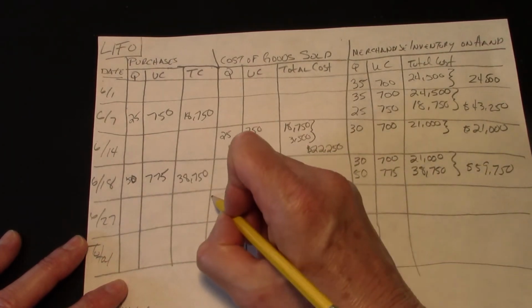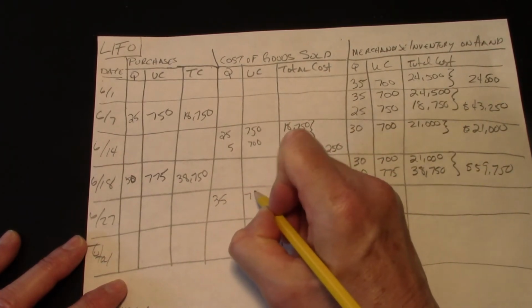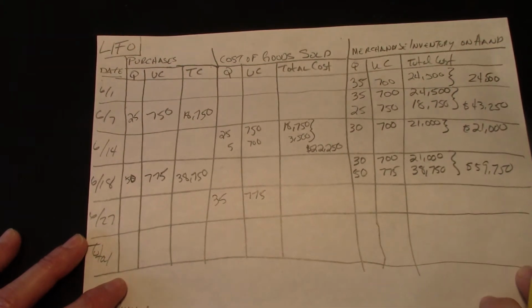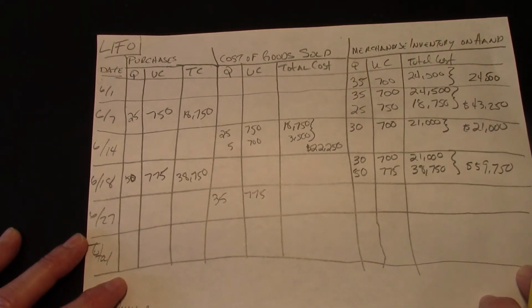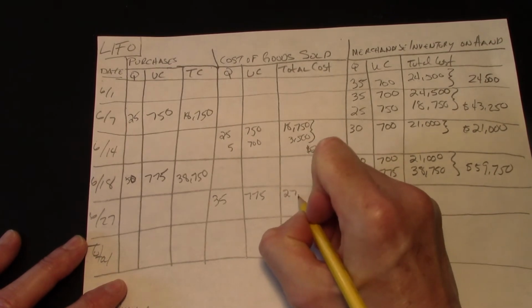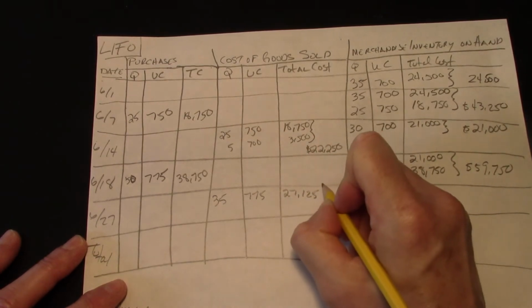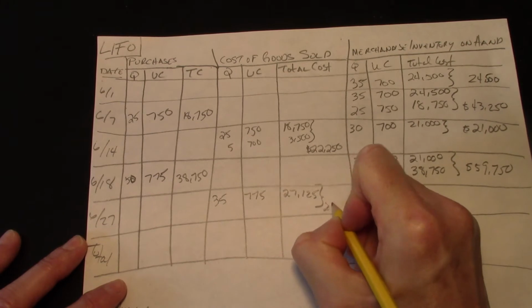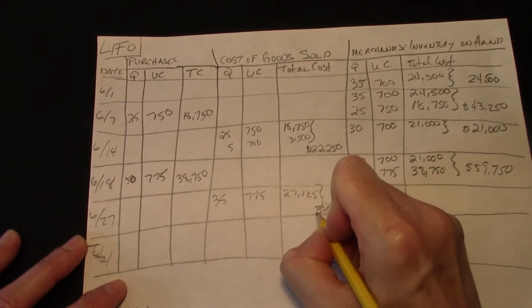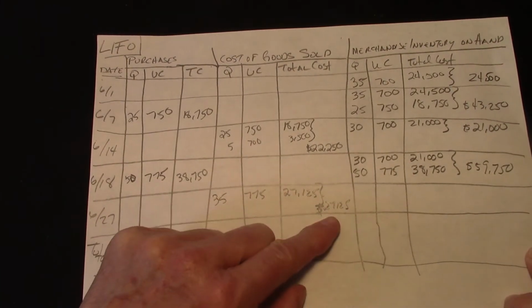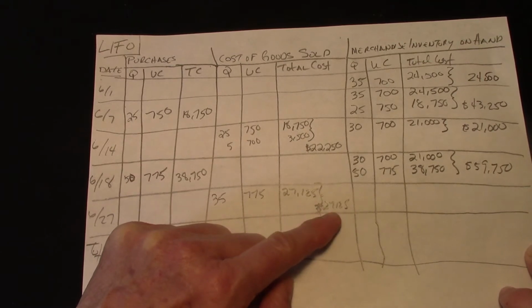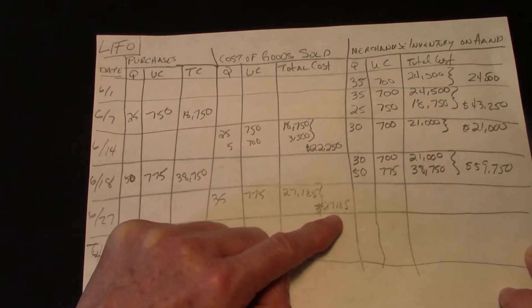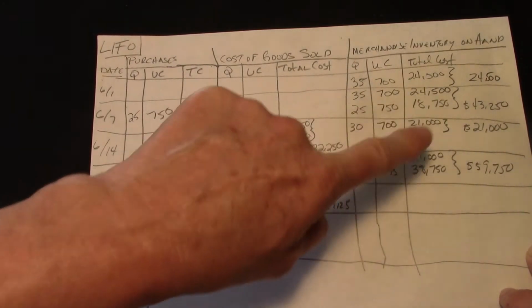We're going to sell 35 of the 775 ones. So 35 times 775 is 27,125. Alright, so there's our cost of goods sold for that sale, 27,125.